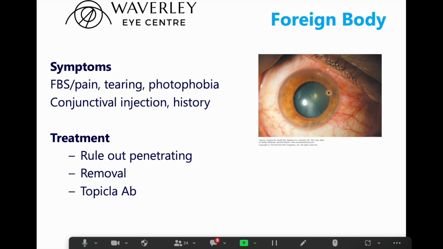I personally use a pair of forceps, not to grab the foreign body, but closed, and I just kind of tease and flick it out and try to get it onto the edge of the forceps. When you're doing that, you're going to cause some damage to the epithelium. Don't worry about that. That's going to heal up, 24 hours, no big deal. You're getting the problem out, and it's going to heal up and it's going to be great.